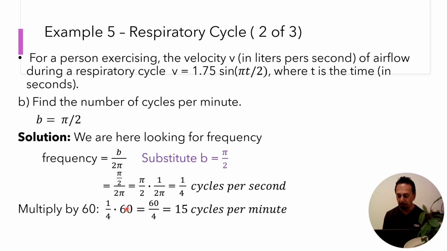So it becomes pi over 2 times 1 over 2 pi. So pi cancels, which gives you 1 over 4, 1/4 cycles per second. Now we multiply 1/4 cycles by 60, so it becomes 60 over 4, 15 cycles per minute.